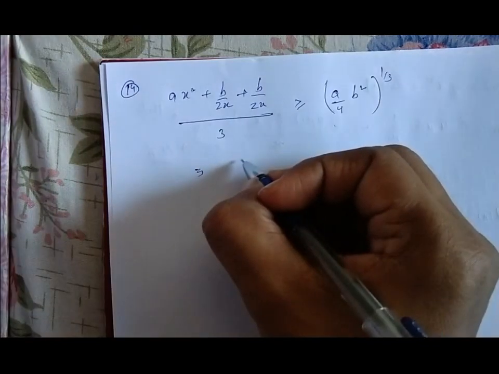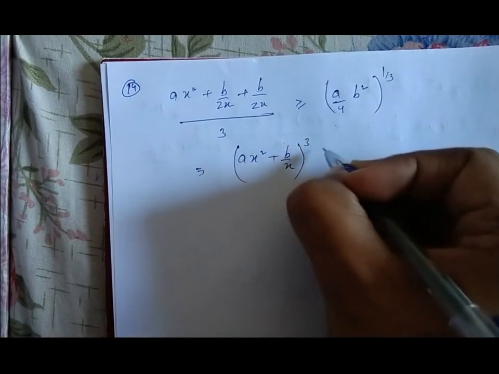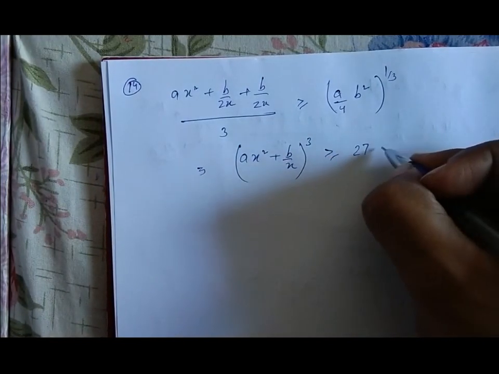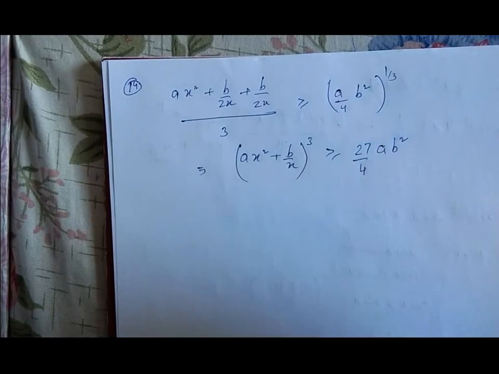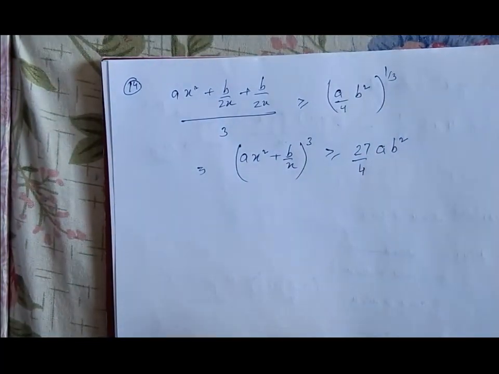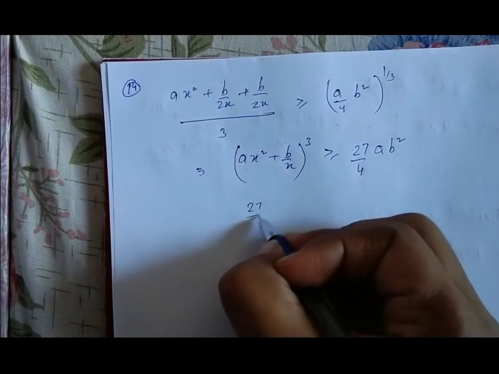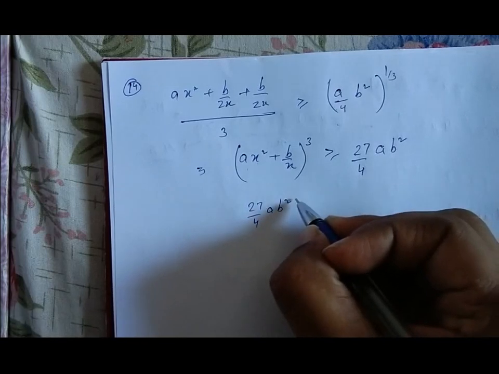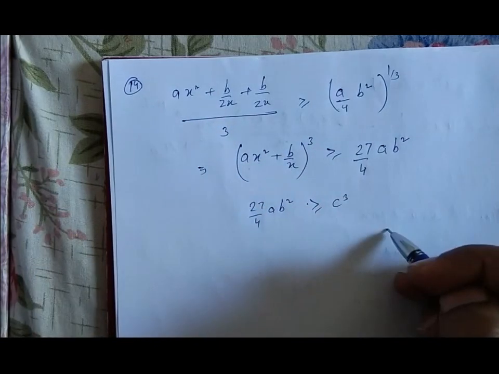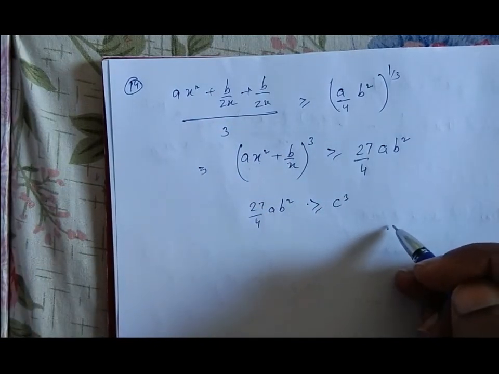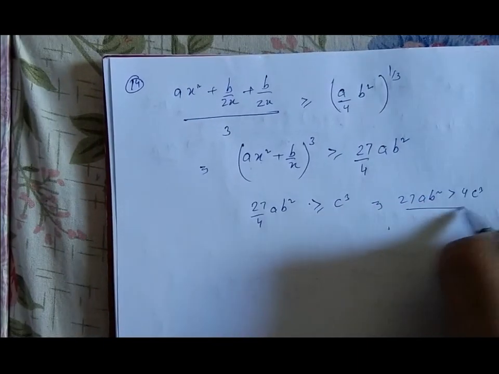So (ax square plus b by x) whole cube is greater than or equal to 27 upon 4 a b square. If the minimum value of ax square plus b by x is greater than c, that means 27 upon 4 a b square is greater than c cube, then the inequality given in the question would be true for all x belongs to R. This implies 27 a b square is greater than 4c cube.